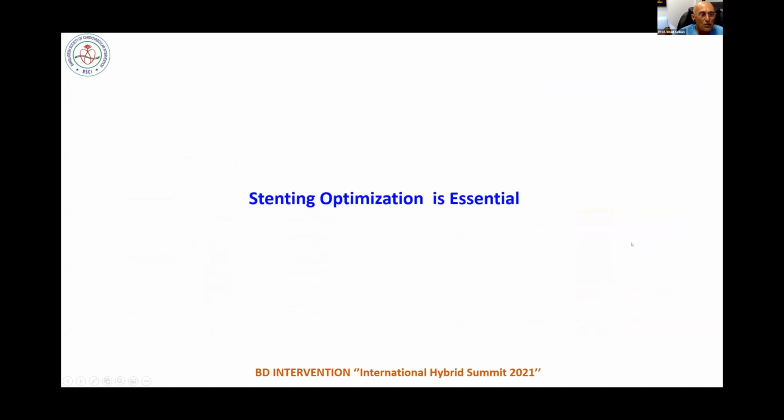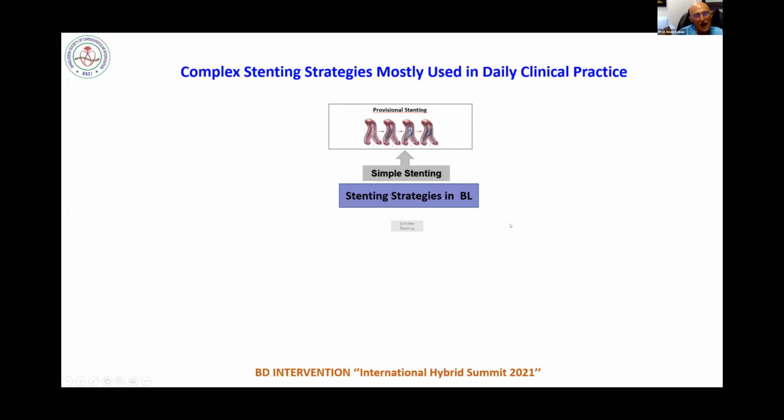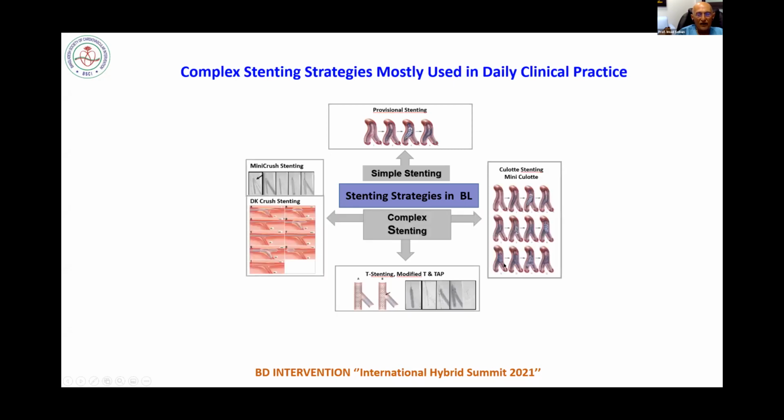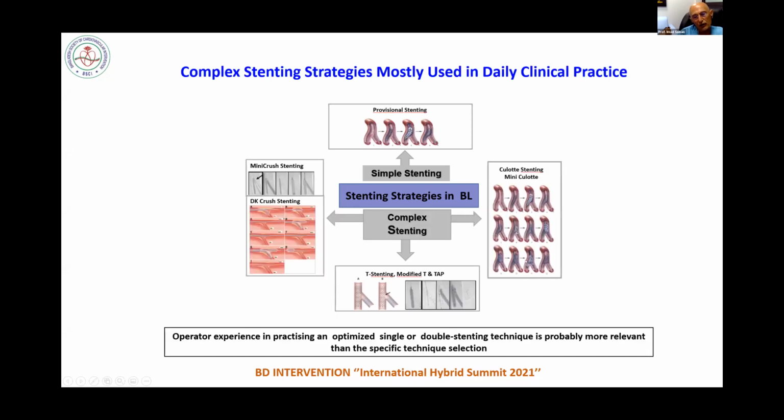But what is also important, I think what we have learned through the last years, is that optimization of stenting can make the difference, and this is essential. And not only for complex stenting, but also in simple stenting, that means provisional, as well as in all other techniques for double stenting. And of course, the operator's experience in practicing and optimizing a single or double stenting technique is probably more relevant than the specific approach itself.